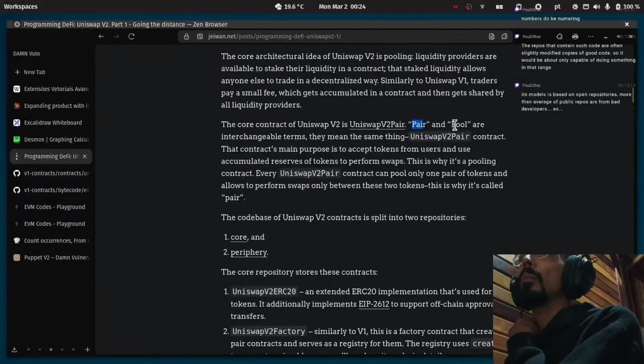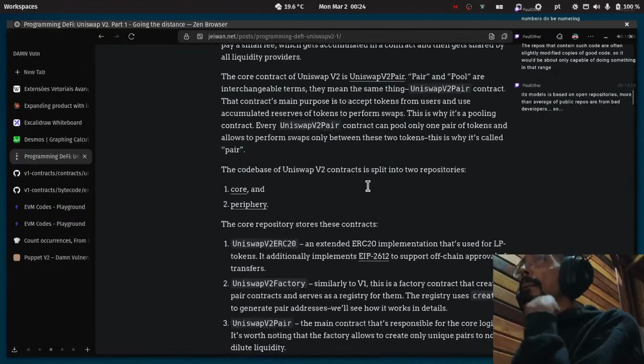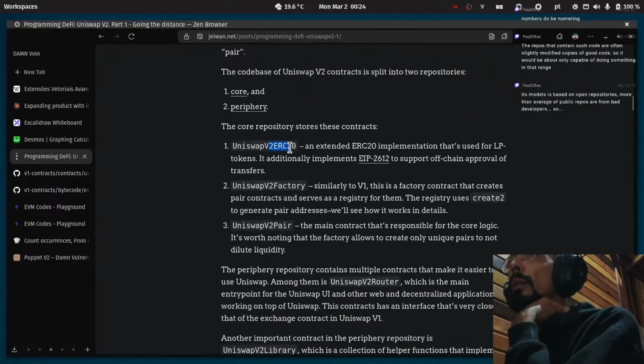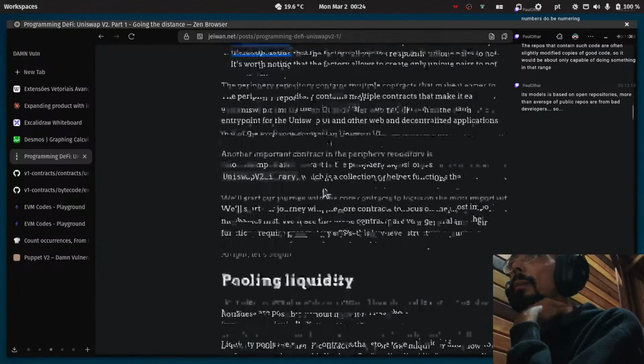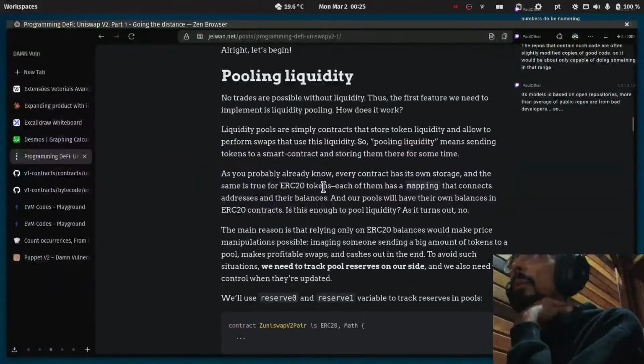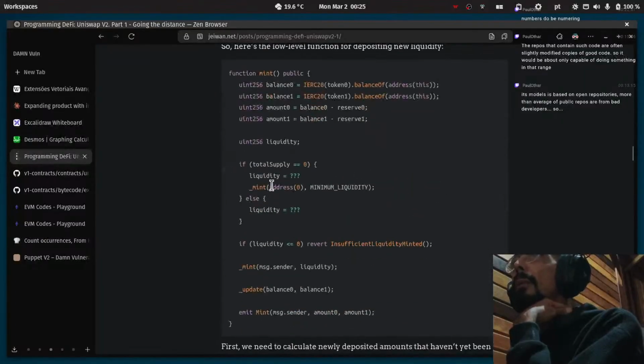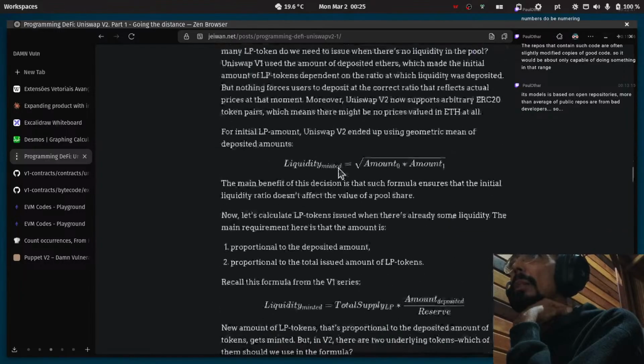They have a contract called pair, and also the pool. They have the token that the pair extends called LP tokens, the factory and the pair. So pooling liquidity, they have the reserves. They have got cool math libraries. They have the mints with balances, supplies, etc.